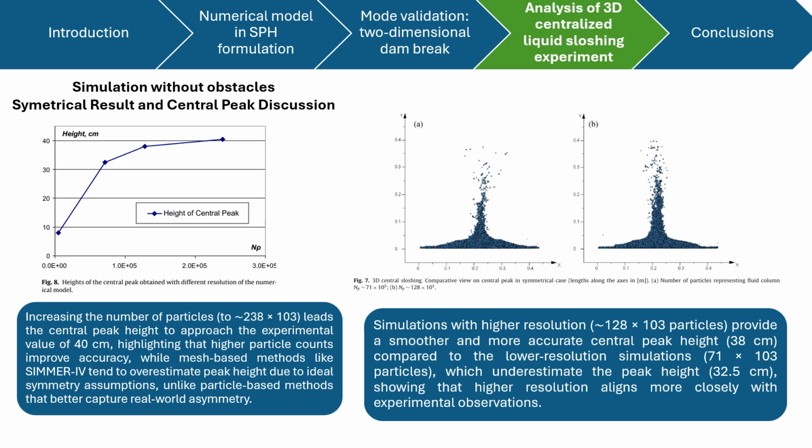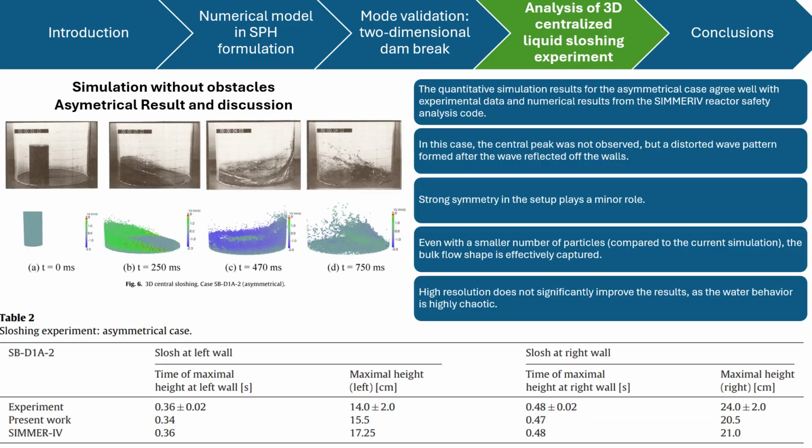We can see that the simulation with higher resolution provides a smoother and more accurate central peak height, at 38 cm, compared to the lower resolution simulation, which underestimates the peak height at just 32.5 cm, showing that higher resolution aligns more closely with experimental observation.